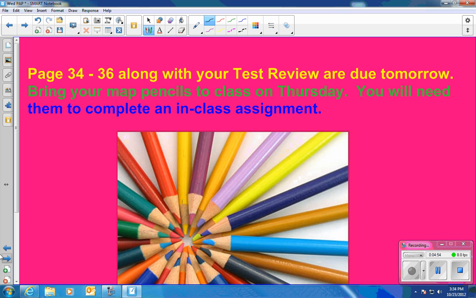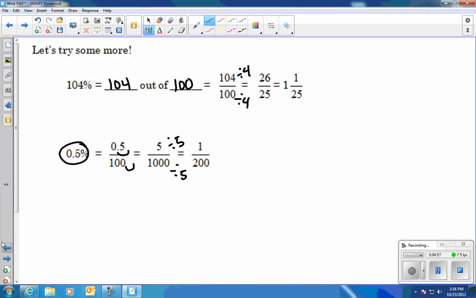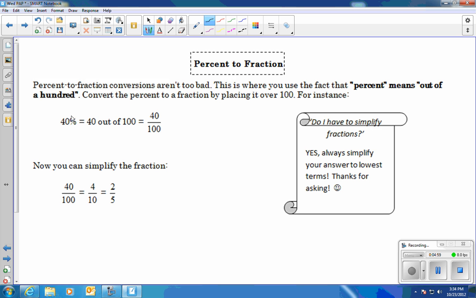The last thing that I want to point out is we talked about a percent to a fraction. We did not talk about a fraction to a percent. So if you have 2/5, well, all percents are out of 100. So if you can easily make this into 100, then now you know your percent.